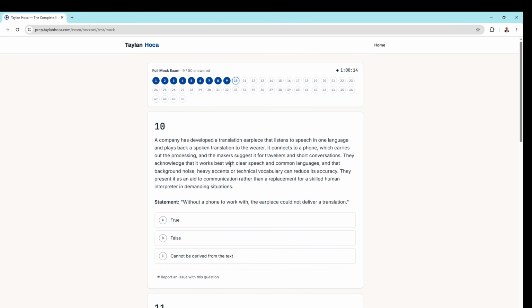They acknowledge that it works best with clear speech and common languages, and that background noise hurts. They present it as an aid to communicate. But I think we have sufficient evidence that it connects to a phone. So I think the phone is necessary without doubt, right? So I'm gonna go for true.